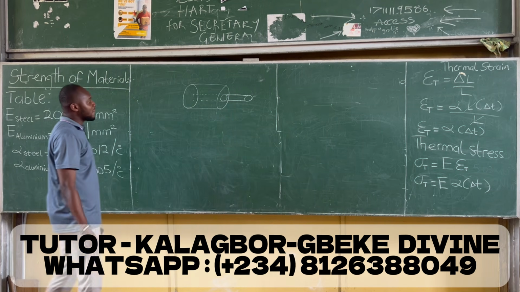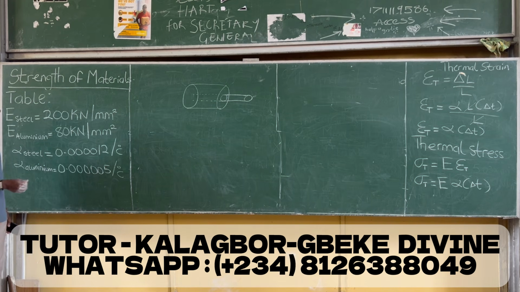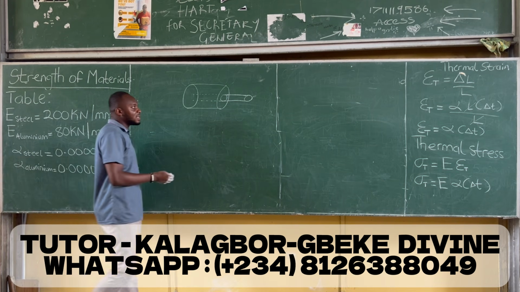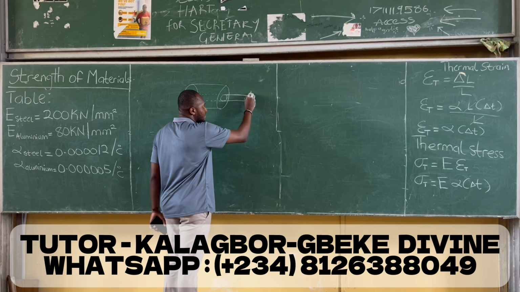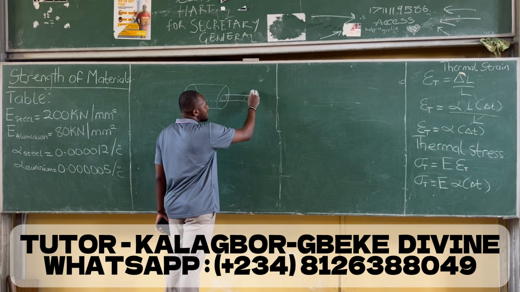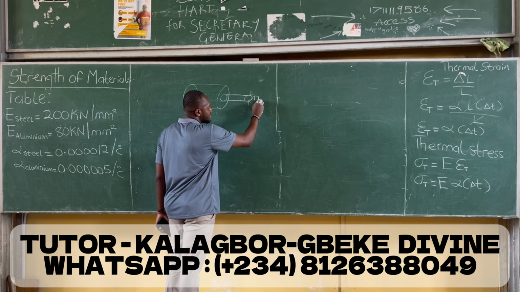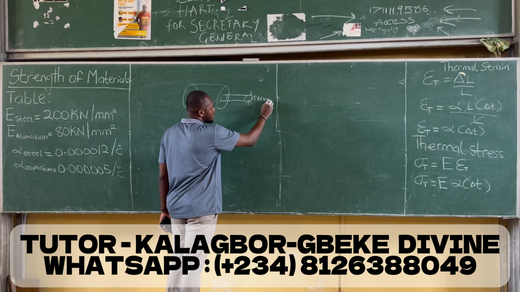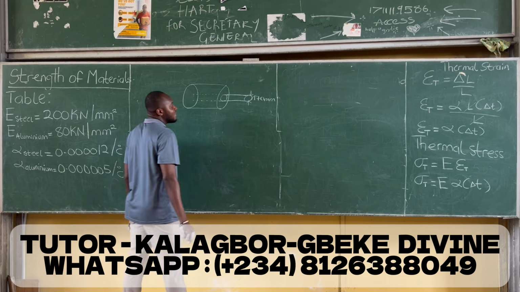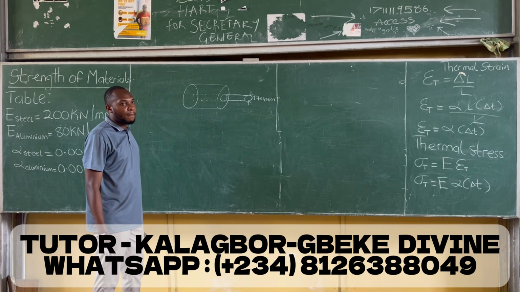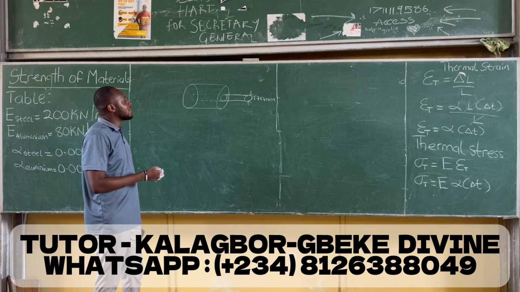They told us from the question that the diameter of steel is 170 millimeters, right? What about the diameter of the cylinder? 170 millimeters. That's the internal diameter of cylinder.